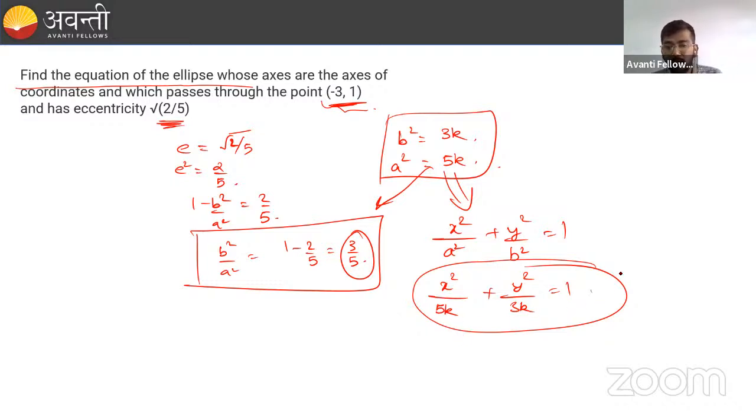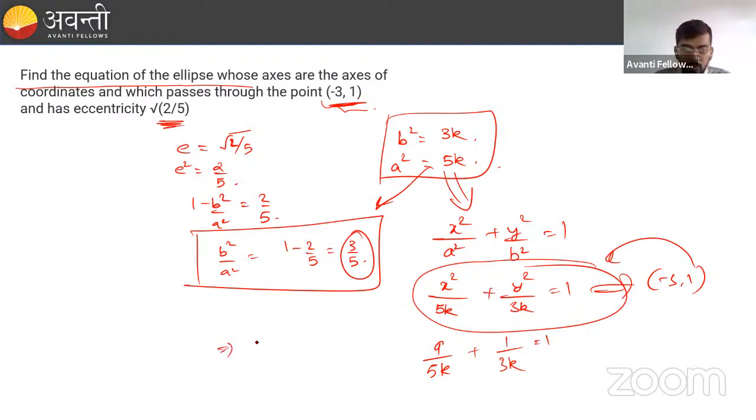So substituting minus 3 comma 1 in this equation, we will get 9 upon 5k plus 1 upon 3k equals to 1. So from this we can calculate the value of k. It comes out to be 32 upon 15.